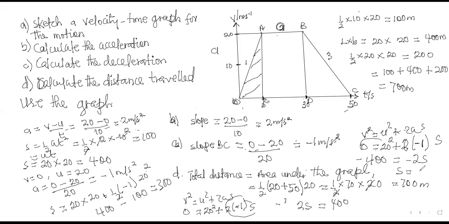S is equal to positive 200. Why is it different from this? I'll check and then find out. So whichever way you look at it, you must get the same thing. Class, is that okay?